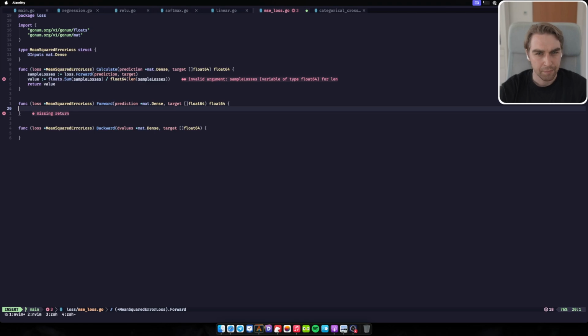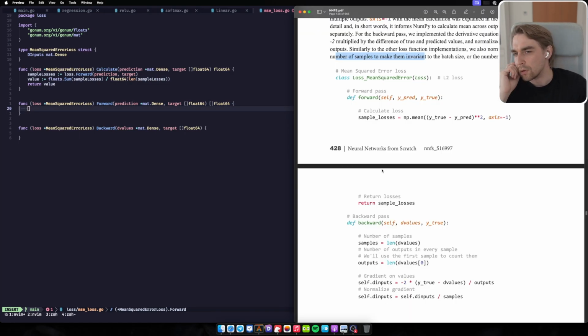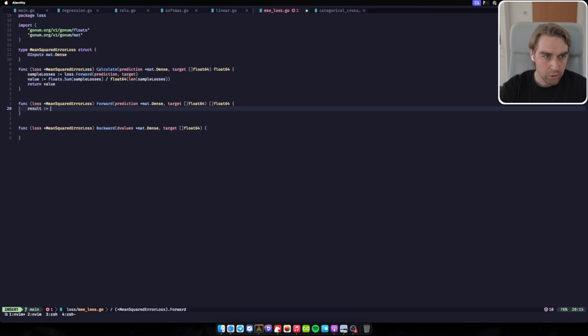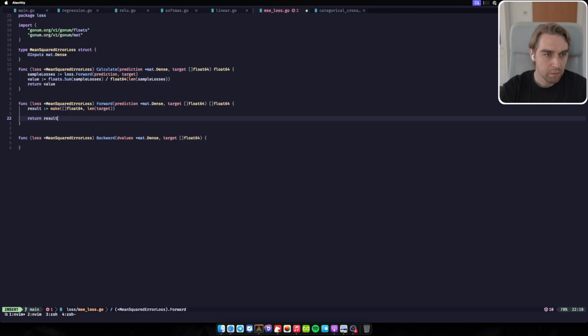And I need to calculate the mean value across rows. Okay, so we have the results, which will be len of targets, right? And we return it.